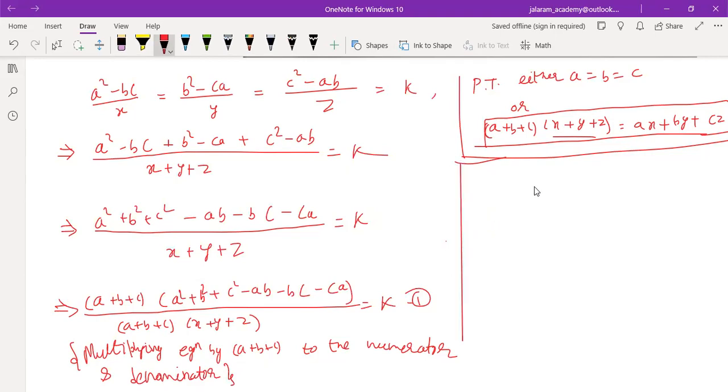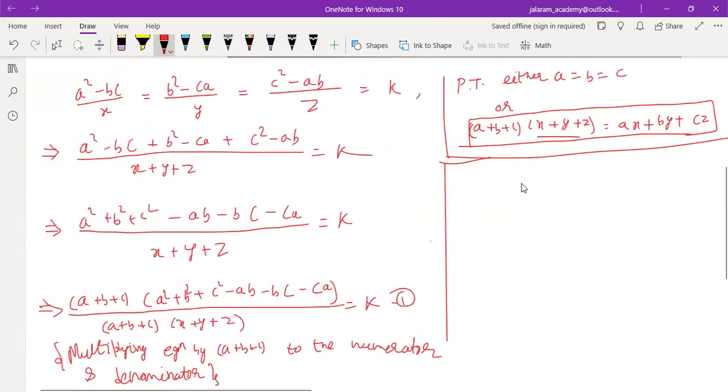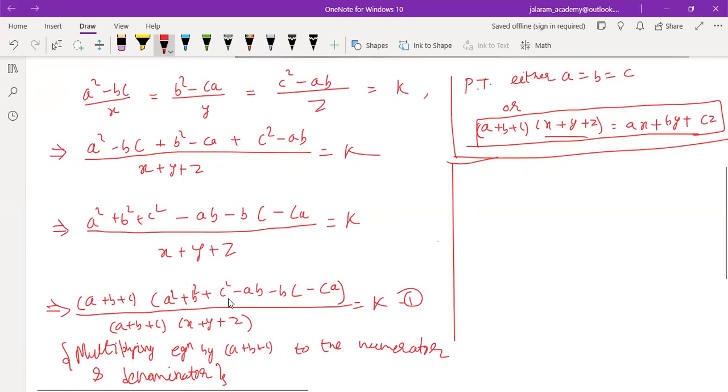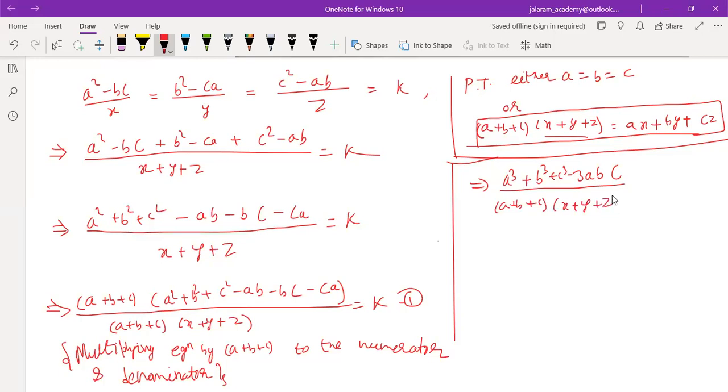Now there is one more method to bring this a cube plus b cube plus c cube minus 3abc. Now the numerator is a cube plus b cube plus c cube minus 3abc over a plus b plus c into x plus y plus z equals k.